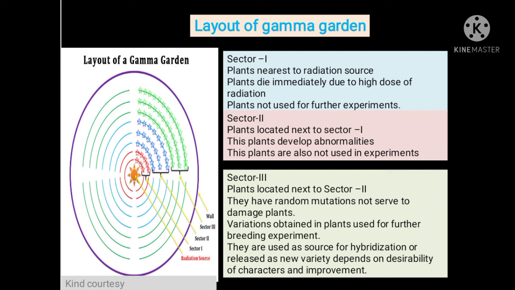The variations obtained in these plants are used for further breeding experiments, as a source for hybridization, or released as a new variety depending on the desirability of characters and improvements. The radiation source is at the central region.